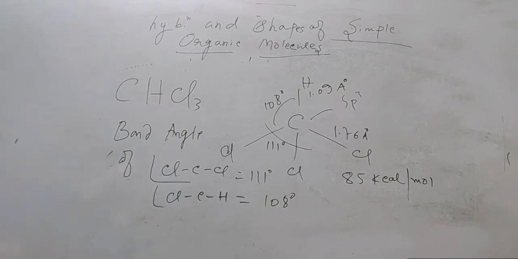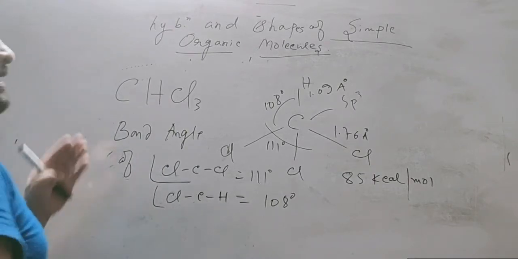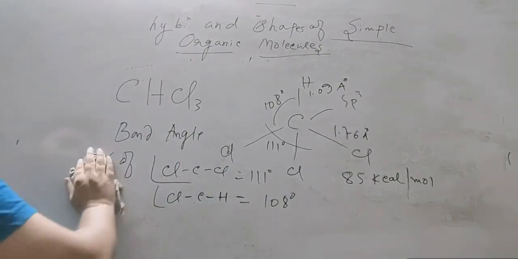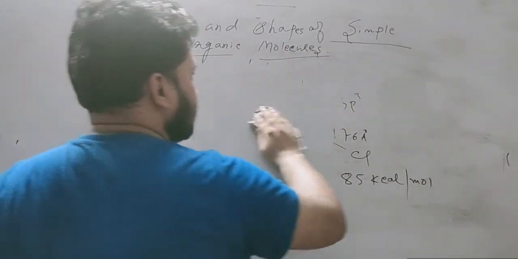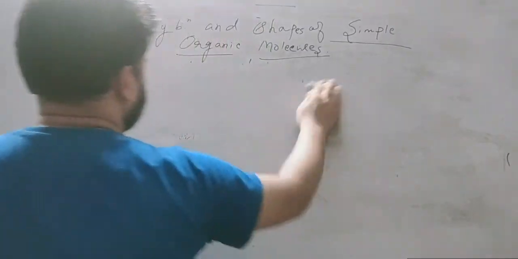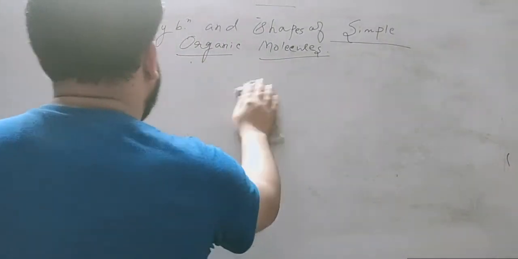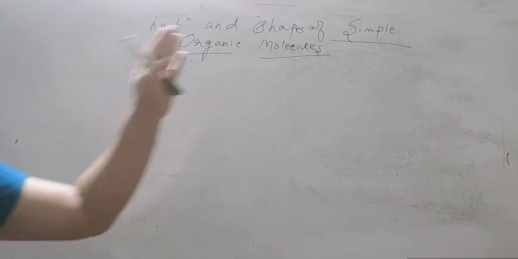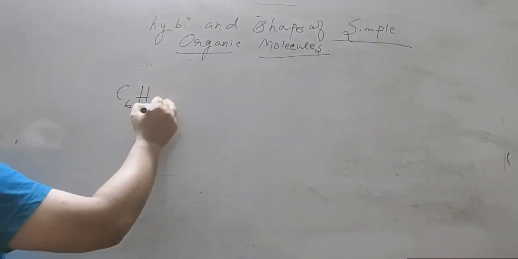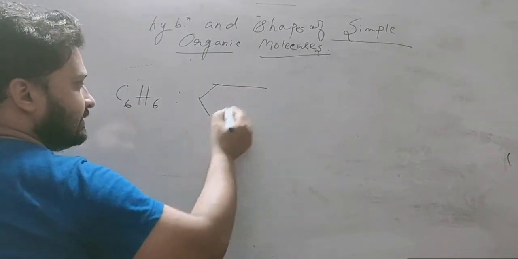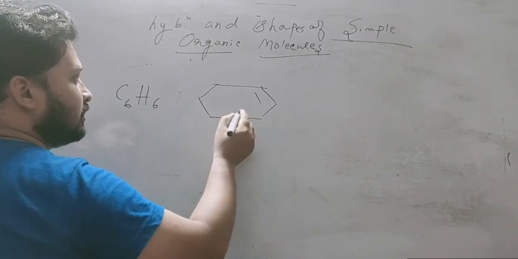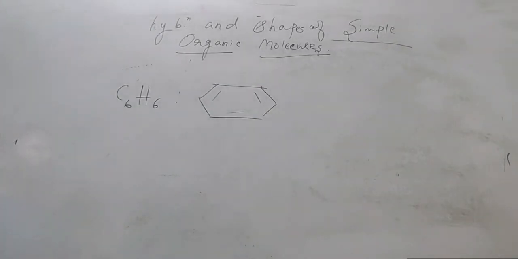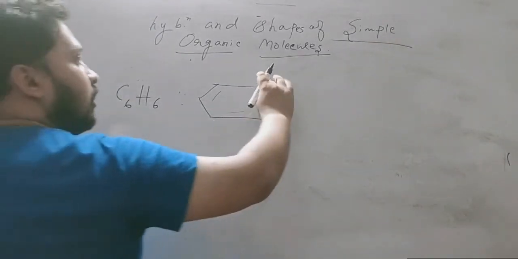And the last one is a simple organic molecule. We are gathering our concept on hybridization and the shape of simple organic molecules, and the last example is C6H6, familiar to us with the name benzene, or phenyl.